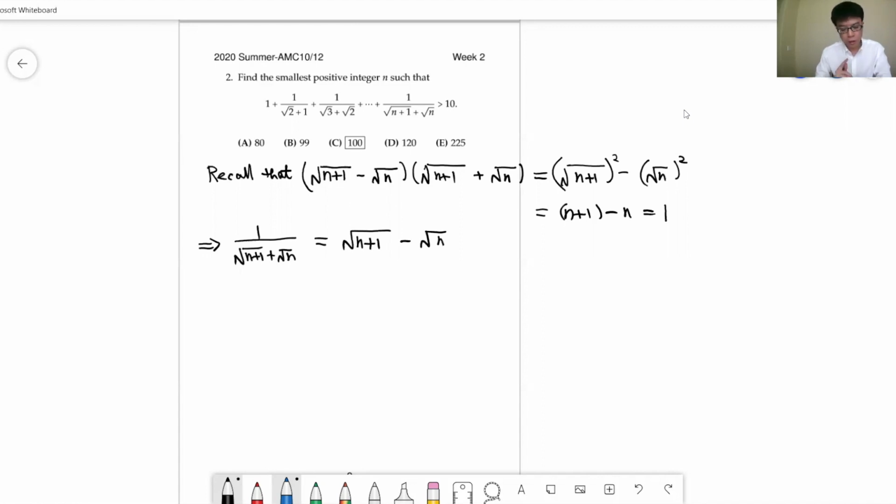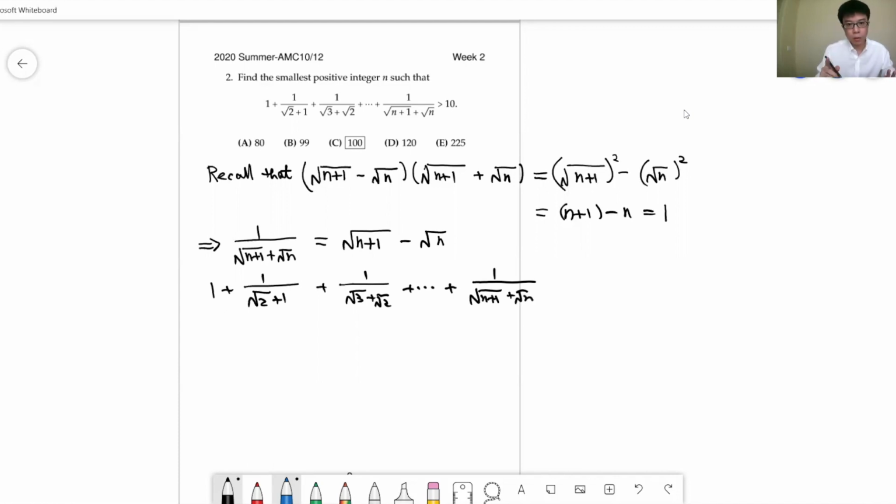In this way, we can express each term in the expression, and we can have a lot of cancellations. We see that 1 plus 1 over (root 2 plus 1) plus 1 over (root 3 plus root 2) plus up to 1 over (root n plus 1 plus root n).